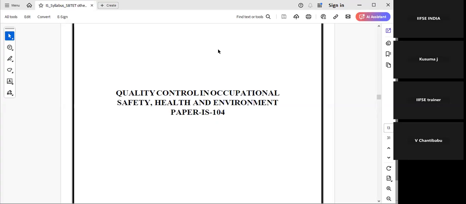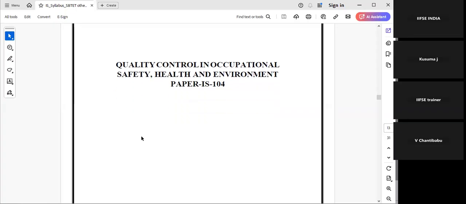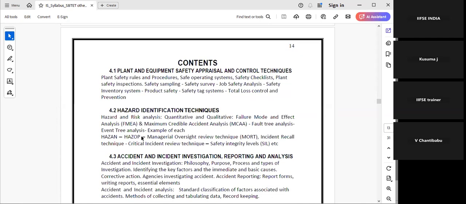Okay. Fine. So everybody has joined. As I mentioned, we have seen the first three papers' syllabus. The fourth one is quality control in occupational safety, health and environment, which is IS 104. Here we talk about safe operating systems, various kinds of inspections, safety survey, sampling, and also plant-specific or site-specific safety rules.